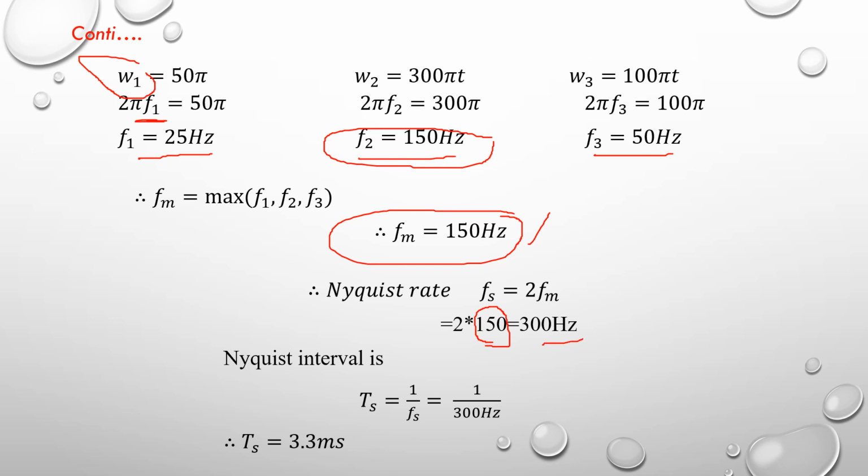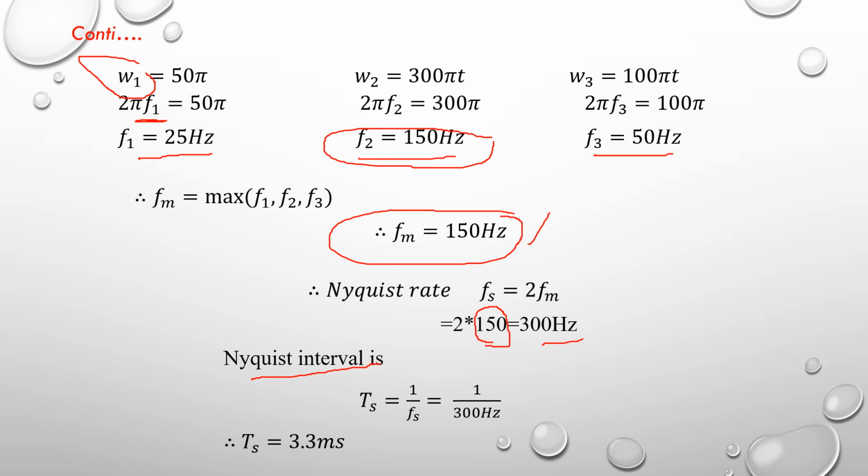After calculating the Nyquist rate, we have to find the Nyquist interval, that is, the interval with respect to time. The sampling time Ts is equal to 1 divided by fs. We know that time is inversely proportional to frequency.